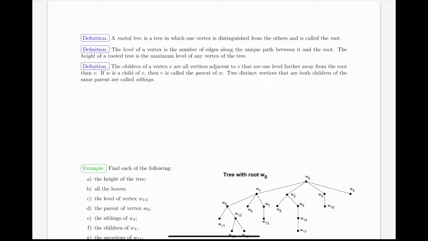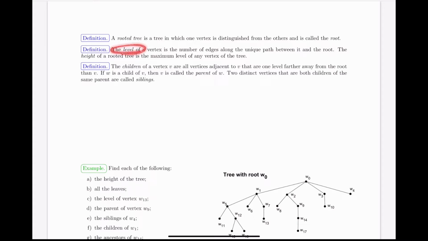Moving on, we're going to talk about what are called rooted trees and then later on binary trees. A rooted tree is a tree in which one vertex is distinguished from the rest, and it's called the root. It doesn't matter what that vertex is, really. We're going to pick it depending on our particular needs. It's simply one vertex that we will consider to be the so-called root.